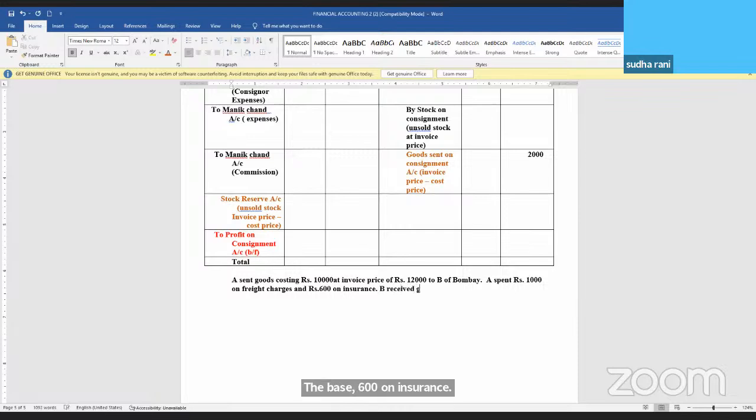B received the goods and sold 3/4 of the goods for rupees 12,000 and spent rupees 1,200, and his commission is 10%.